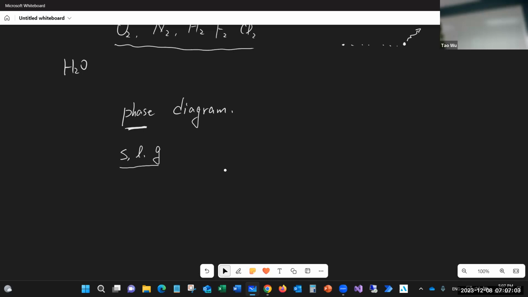That's because inside it is liquid air, but it's under very high pressure. So if you increase the pressure, you can press the gas phase into a liquid phase. You can make this go from gas to liquid.